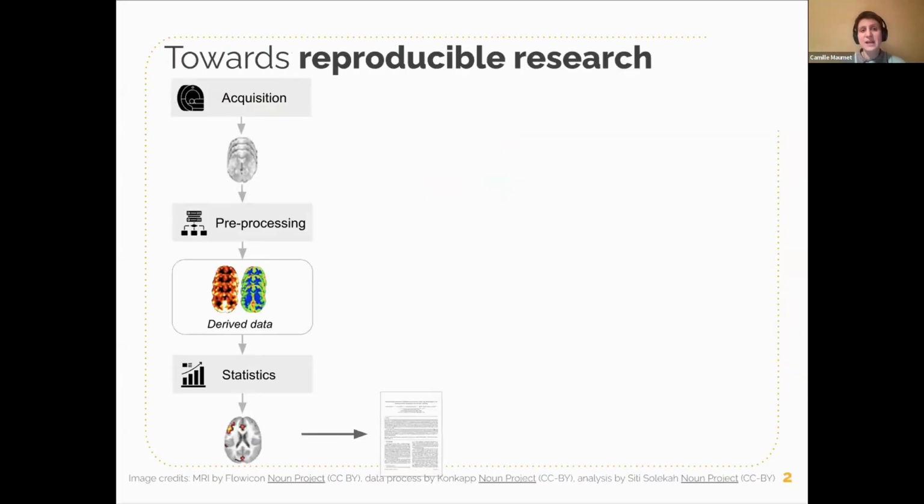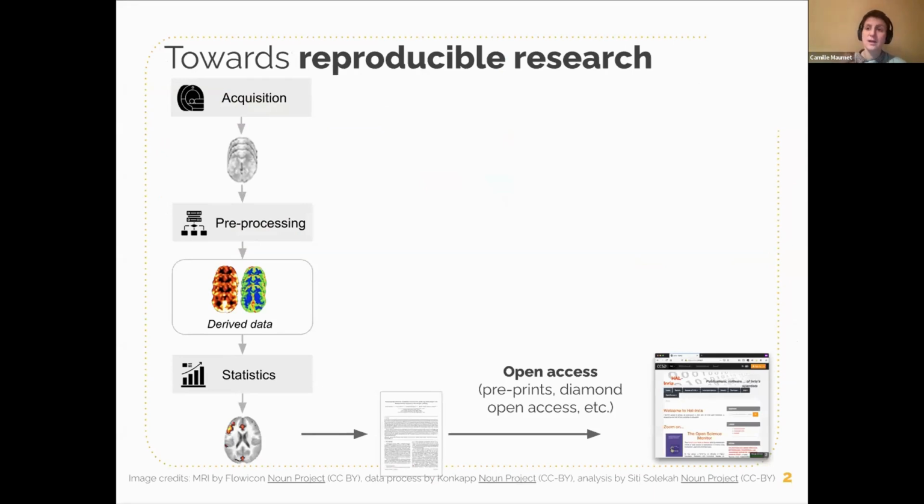Of course, there have been ample efforts to support a more reproducible research, and in particular, the open science efforts. So at one end of the spectrum, when we think publications, there are a number of efforts on open access, so preprints, diamond open access, and so on.